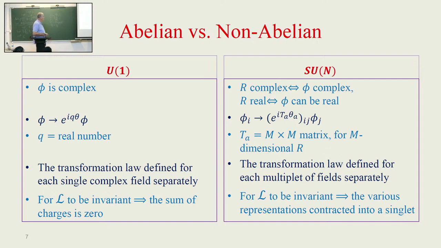The transformation law is defined for each single complex field separately. So we must assign a charge for each field, and that charge tells us how it transforms. And for the Lagrangian to be invariant under a U(1) transformation, the sum of charges in each term in the Lagrangian must be 0. Because the whole term transforms like e^{i(sum of all charges of the fields that appear in that term)θ}, and if the sum of all charges is 0, it's e^{i0}, which is 1.